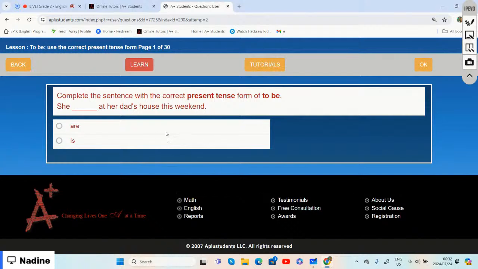The next one says complete the sentence with the correct present tense form of to be. Do we say she are at the dad's house this weekend or she is at a dad's house this weekend?